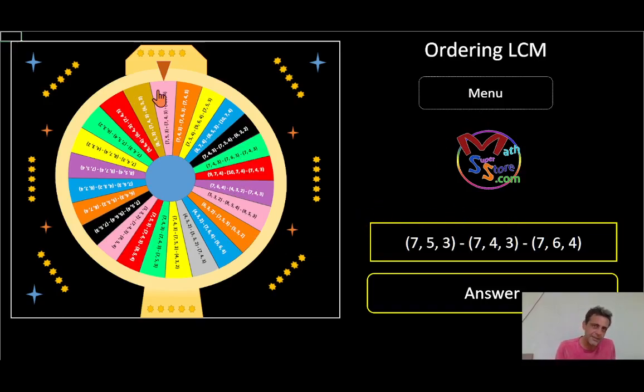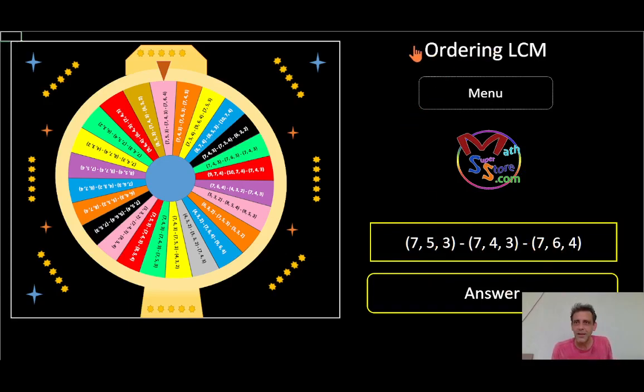So you can see the text on this as the question's getting longer. It's more difficult to read, but you can see 753, 743, 764. It's easier to read here, and the answers are the actual answer.